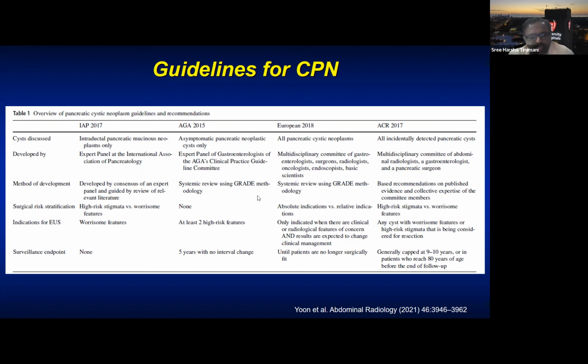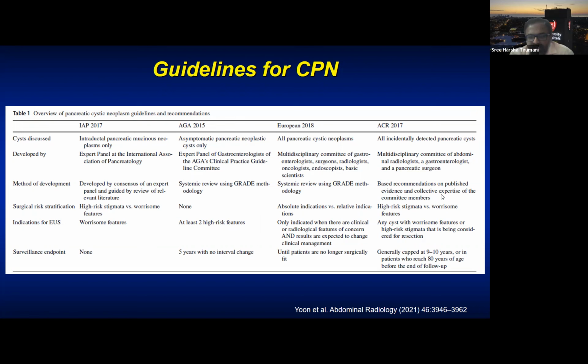Now, the method of how these guidelines were developed is also interesting. The IAP guidelines were developed through consensus, where an expert panel votes on various recommendations. Whereas the remaining 3 guidelines were developed in a more scientific manner. They used what is called the GRADE method. GRADE stands for Grading of Recommendations, Assessment, Development, and Evaluation, which is a more scientific method where they review the existing literature, and based on the literature, they come up with specific recommendations for specific entities.